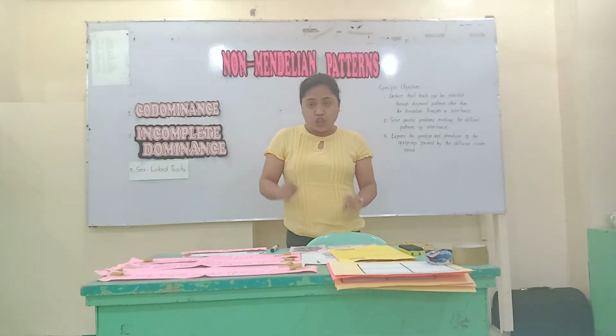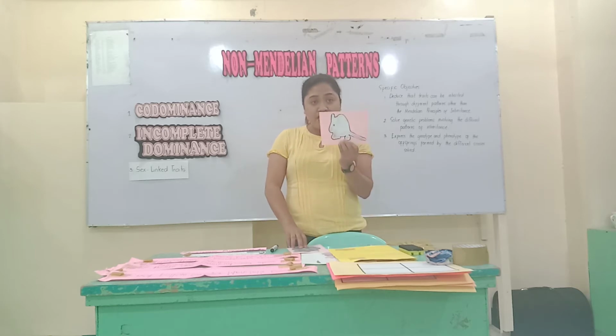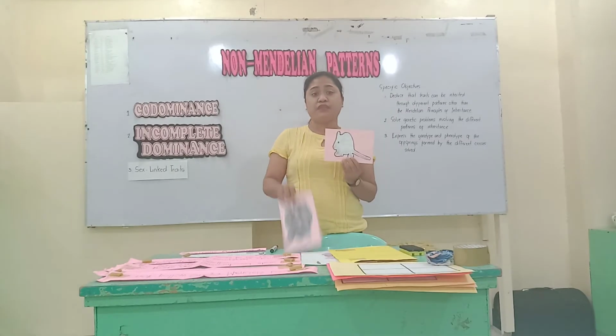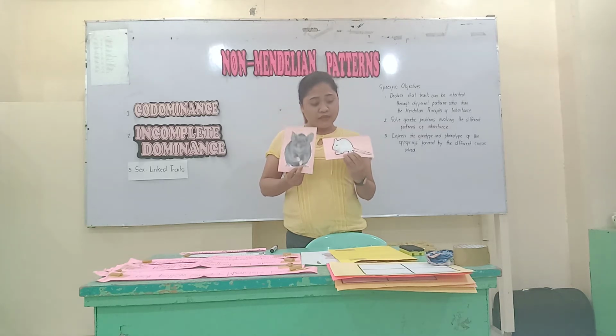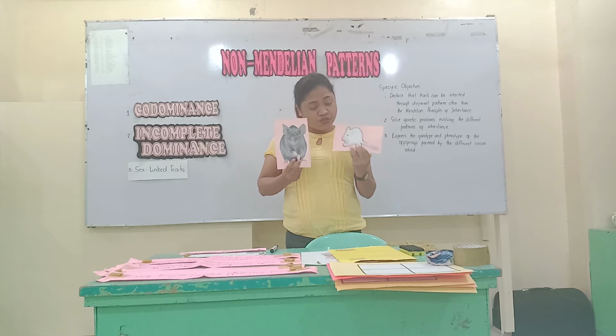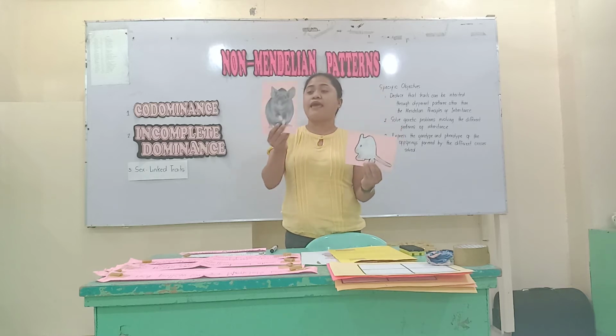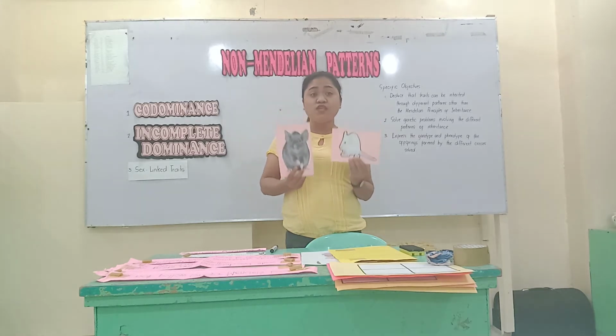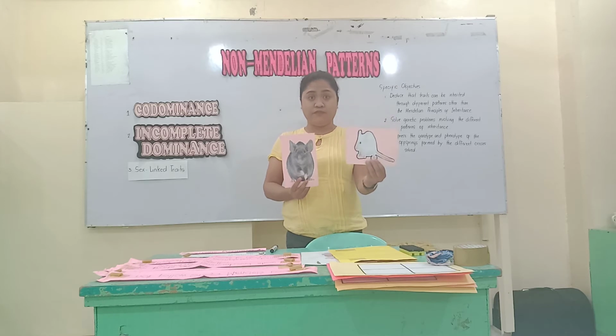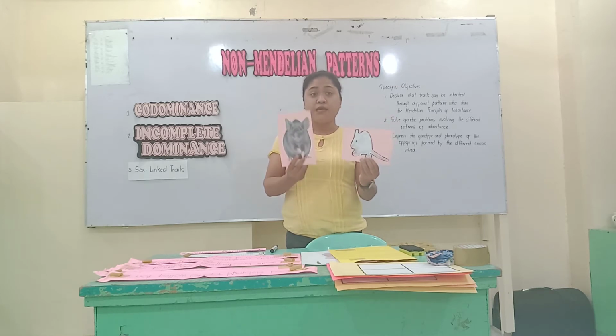So, in the law of complete dominance, when you have a mommy white mouse and a daddy black mouse, and if you cross white and black mouse and then ask what their offsprings are, for the law of complete dominance, you would have said that a certain percent would be white and others would be black.